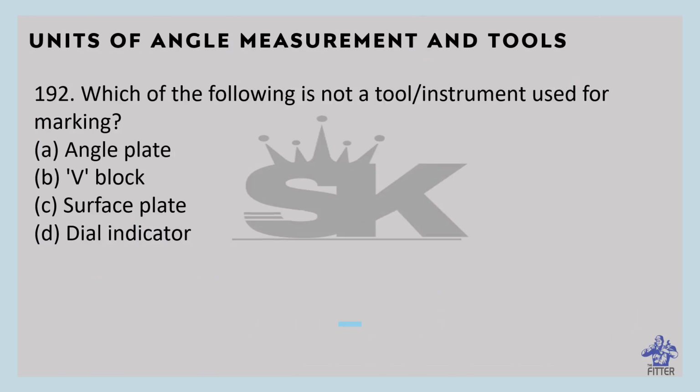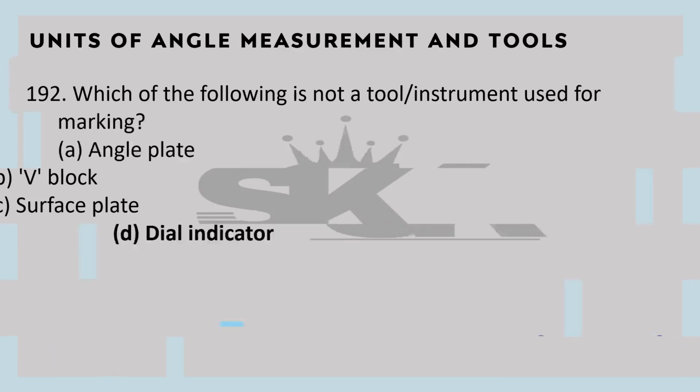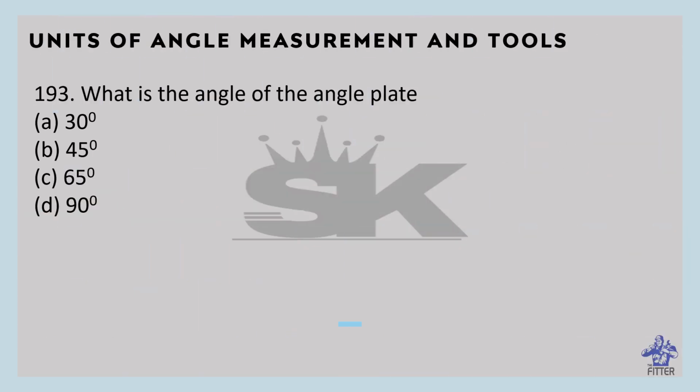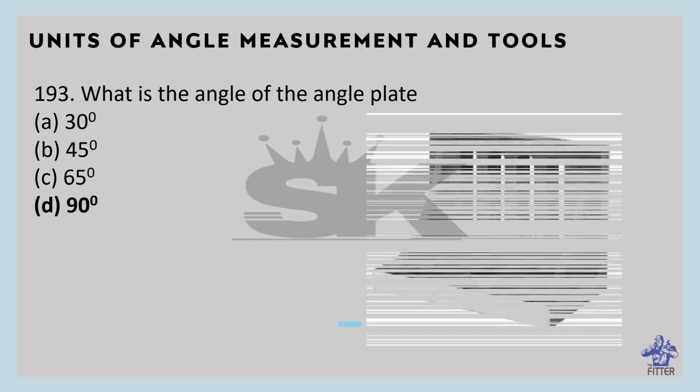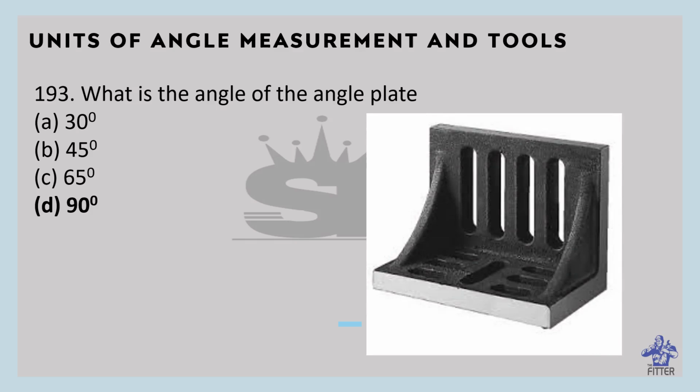Which of the following is not a tool used for marking? That is dial indicator. What is the angle of the angle plate? That is 90 degrees. The angle plate is made of cast iron.